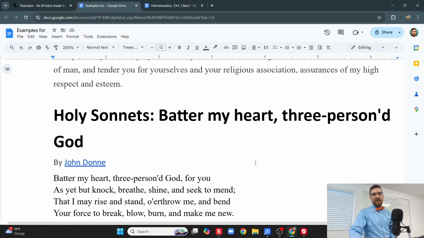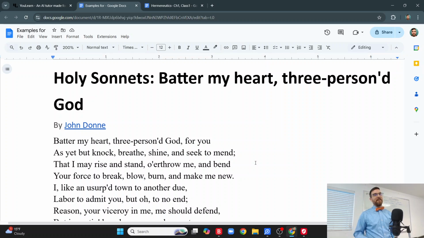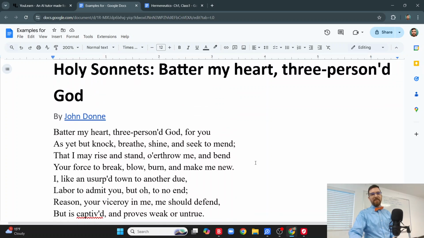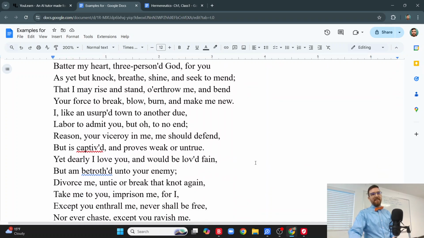Oh. All right. A Holy Sonnet by John Donne. Batter my heart. What's the first thing you notice already? What kind of literature is this? All right, yeah. So it's poetry. And that's going to be different than if you're just reading an article, right? I hate poetry.